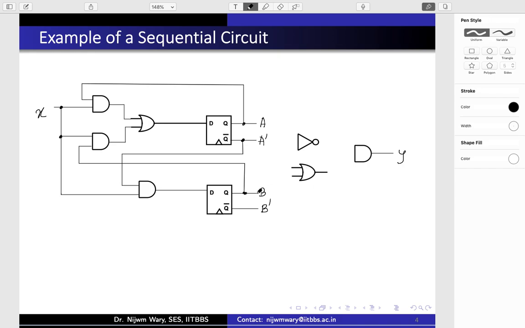One is from this B, and the other is this A. And the other input of this NOT is from X.